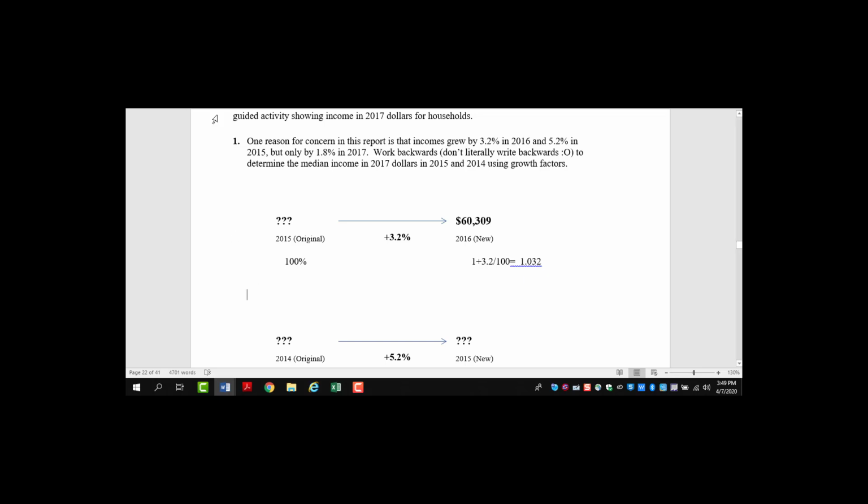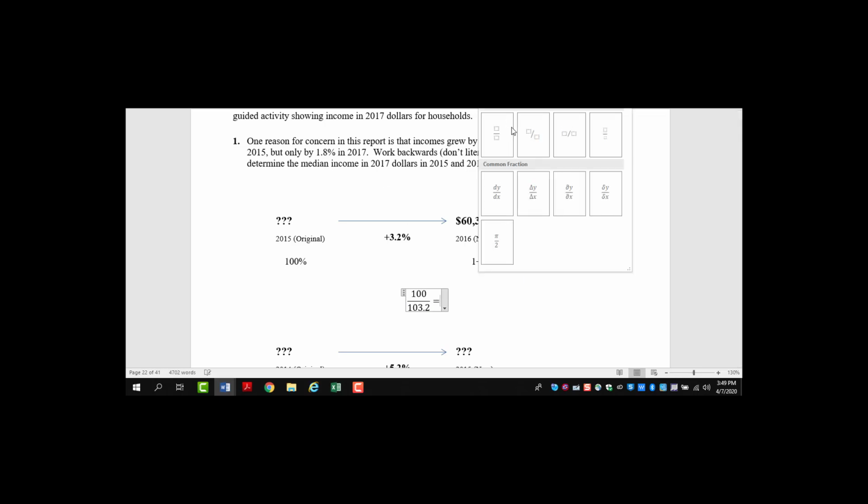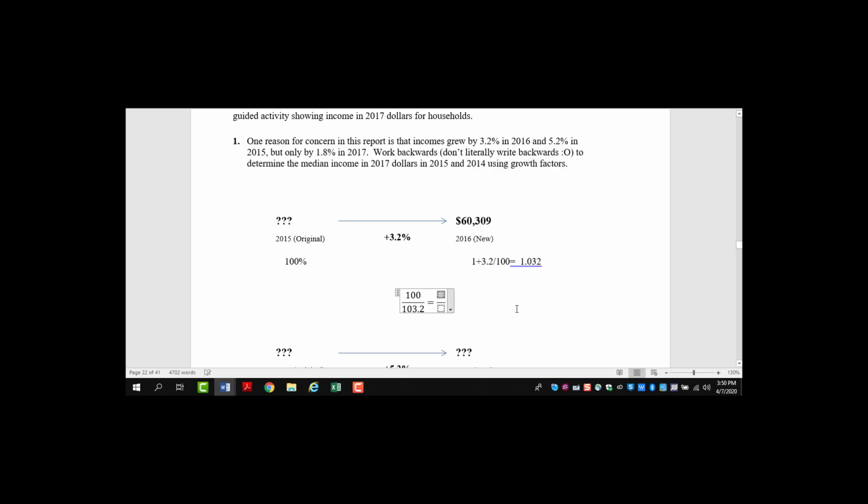I'm going to put the ratio up here. I have 100% there and 103.2% here. They're both percentages, so that's good. That's the factor there. And that's equal to the original amount, which I don't know, but this one here is 60,309.